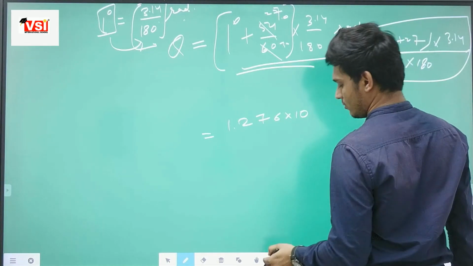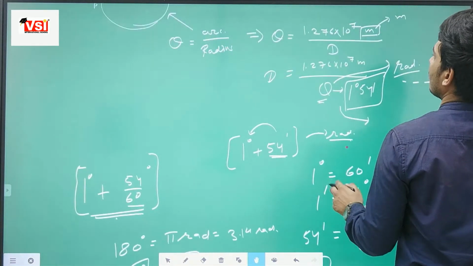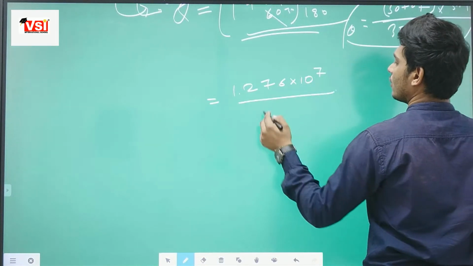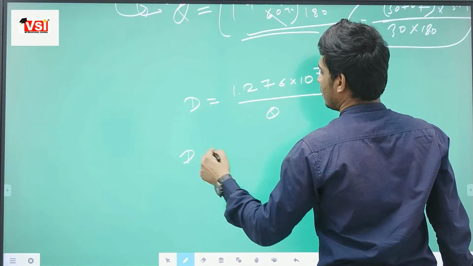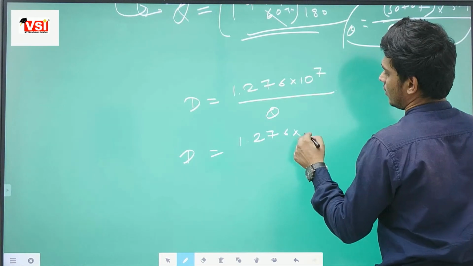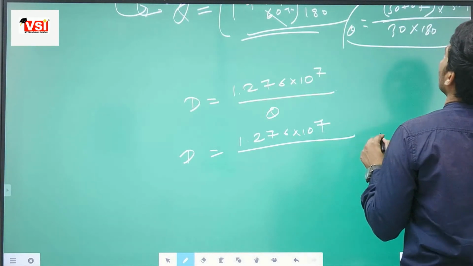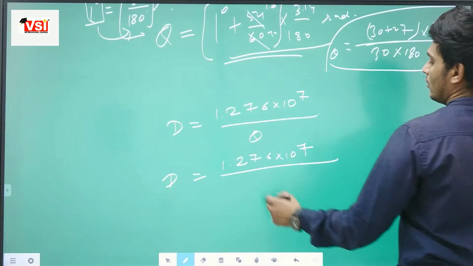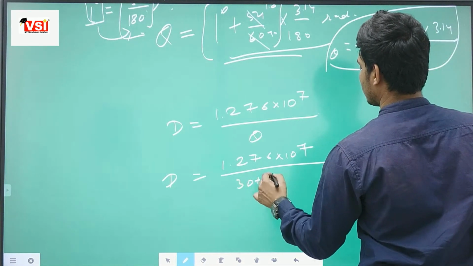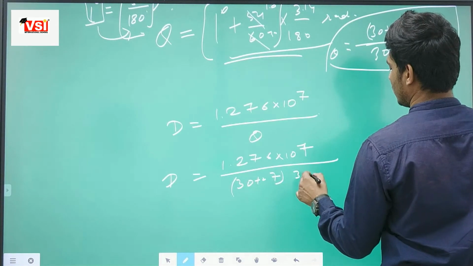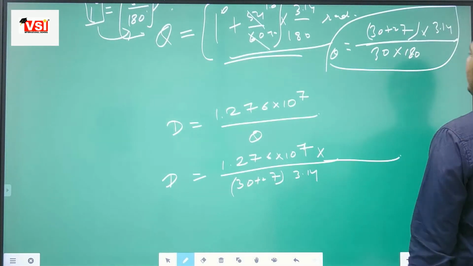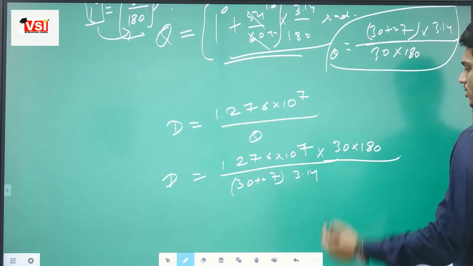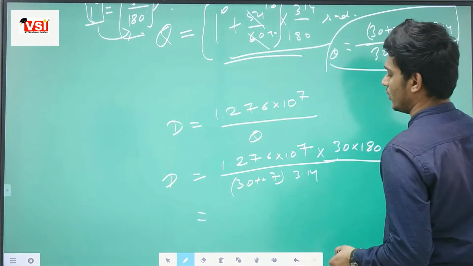D is equal to 1.276 into 10 to the power 7 divided by angle theta, and theta is given as 30 plus 27 into 3.14 over 30 into 180. Here the 30 into 180 in the division goes up into multiplication. Solving 30 plus 27 gives 57.